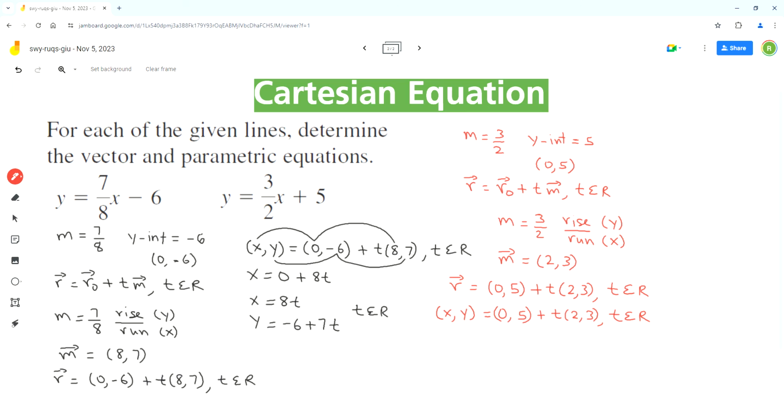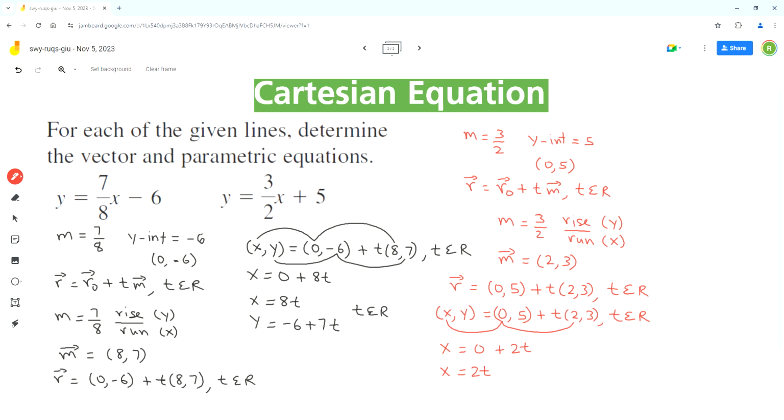So for the x equation, we'll use the x components of the vectors and we'll multiply the x component 2 by t. Now we can ignore the 0 term in this equation. So this is the x equation.